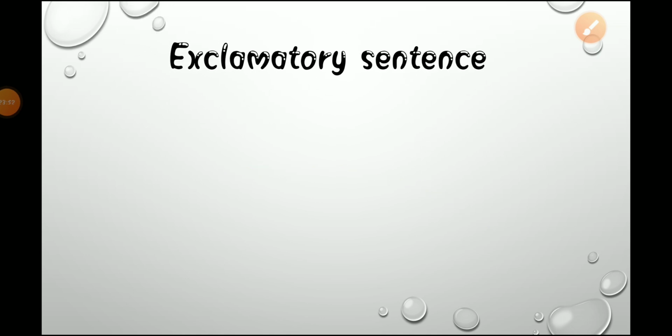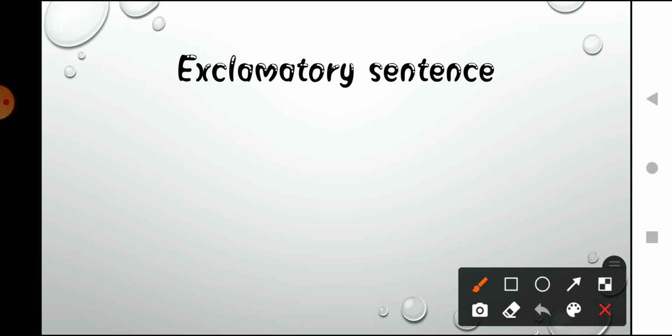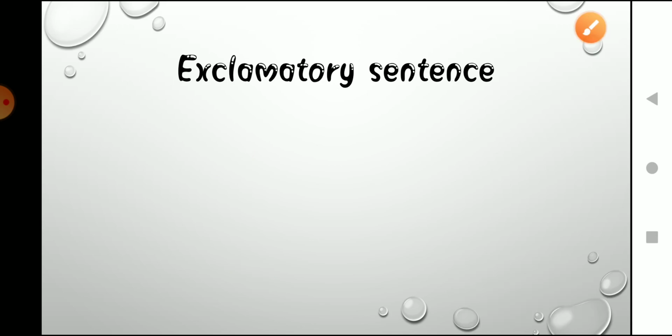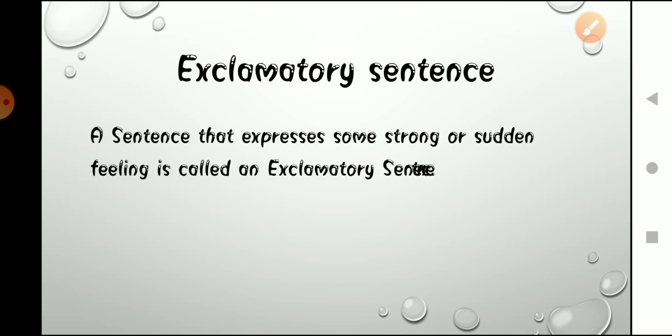Now the fourth type of sentence is exclamatory sentences. In these types of sentences, we basically put exclamation marks. Let's read the definition first. A sentence that expresses some strong or sudden feeling is called an exclamatory sentence.